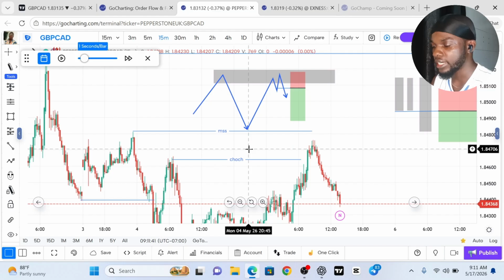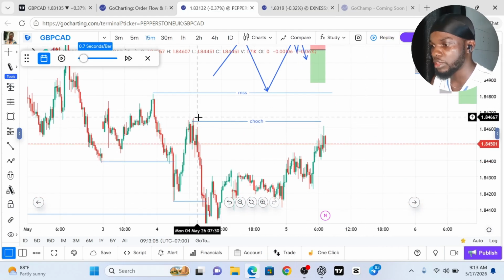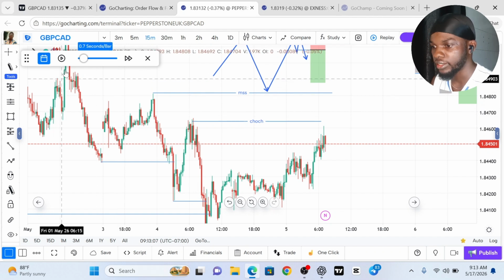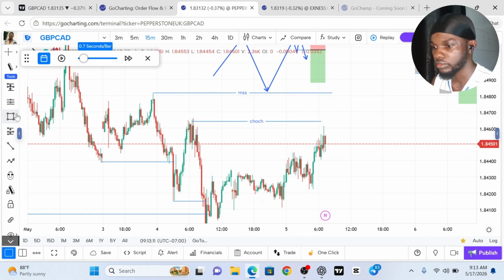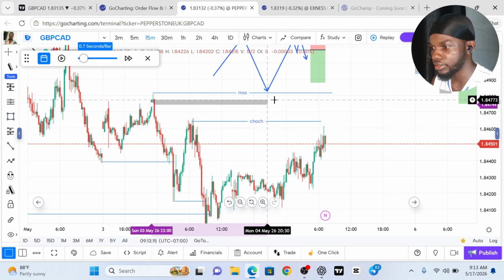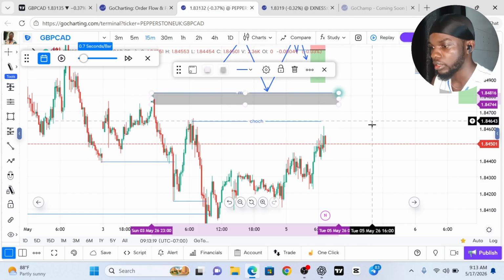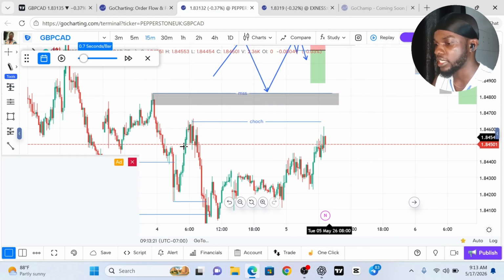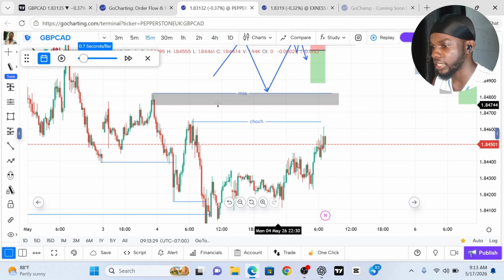Now the next thing in our chart is to mark out my zone. So first of all, let me mark out my zone from here. I mark my zone with the right candle right here. Then let me play the price to see if the market can come to my zone, and let's see how it will react from the zone.